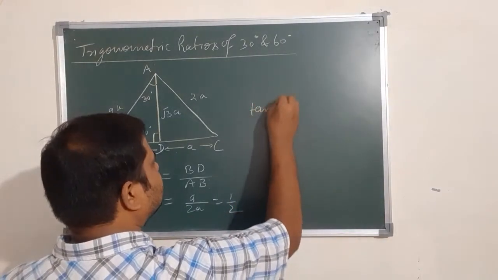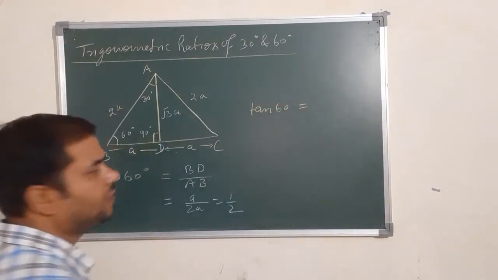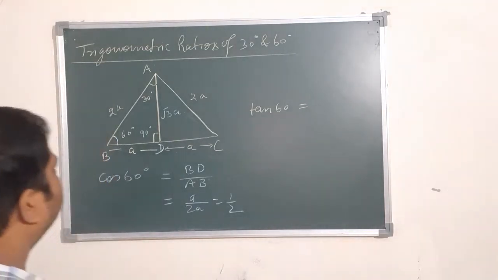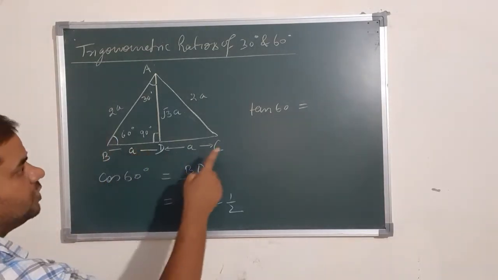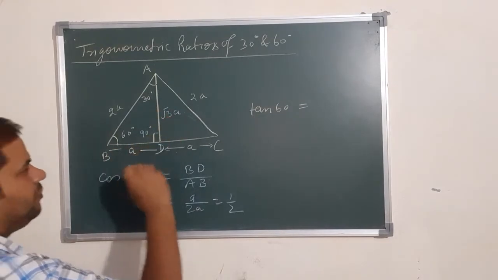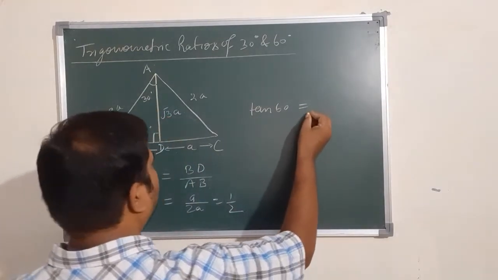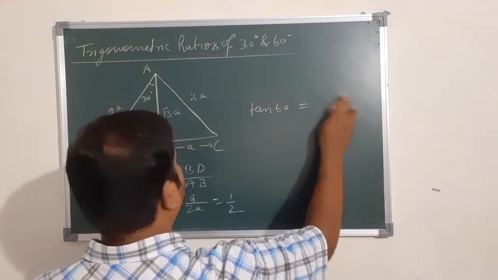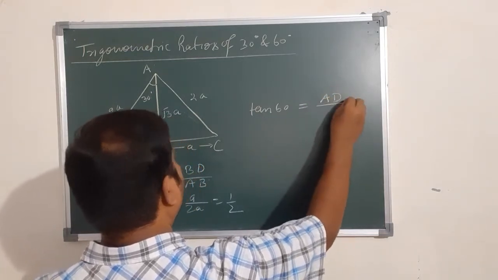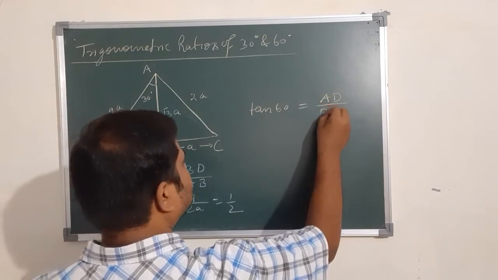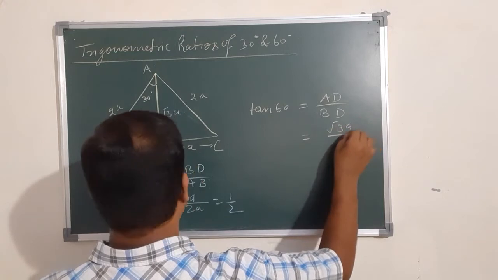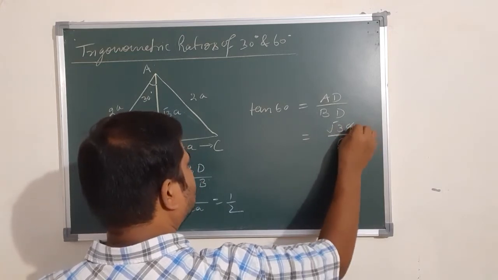Tan 60 is perpendicular upon base. So this is root 3A upon A, that means AD upon BD. Root 3A divided by A, and A cancels out.